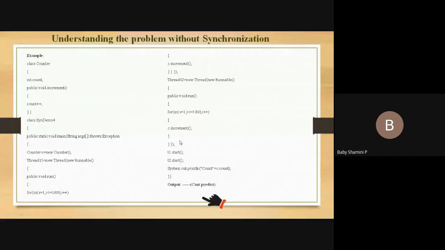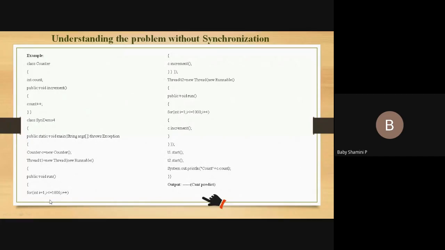So we have two thread operations, that is T1.start and T2.start. Once the thread starts its execution, T1.start implicitly calls the run method which is present in thread T1.